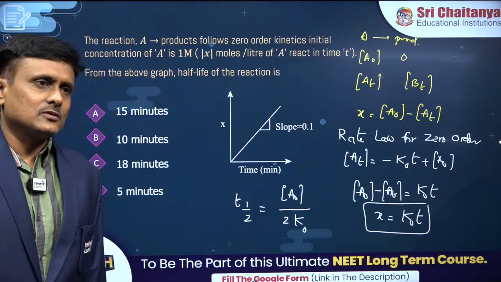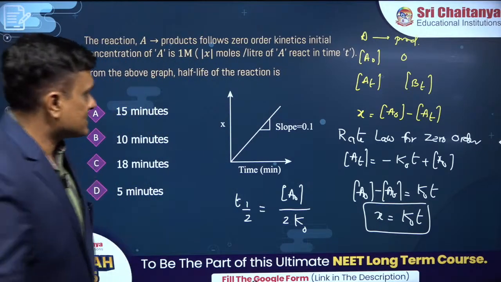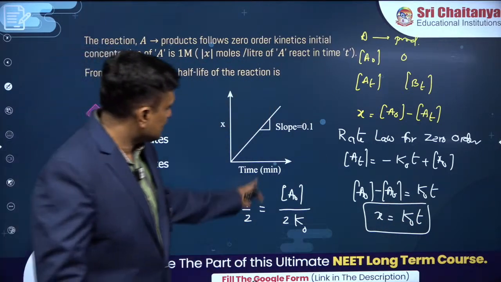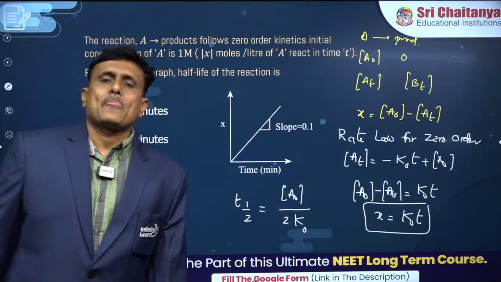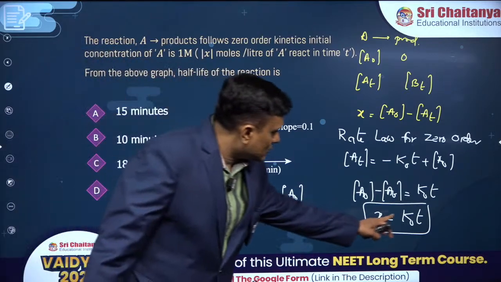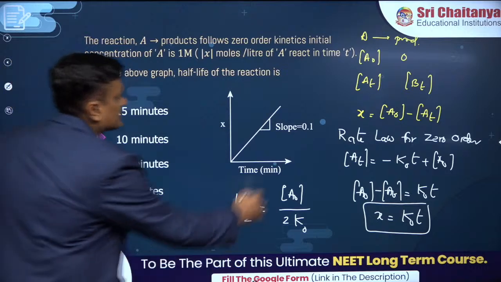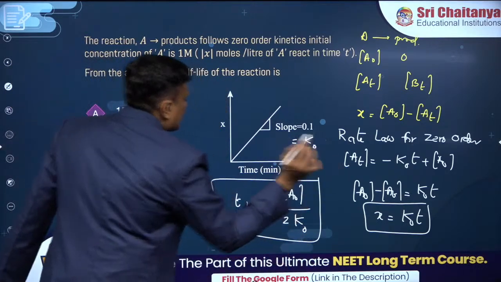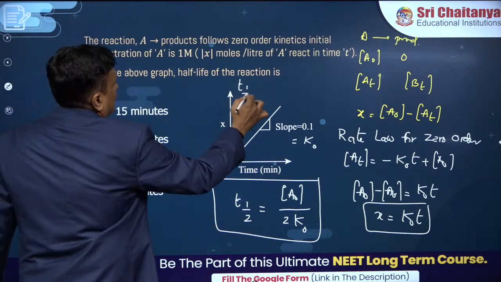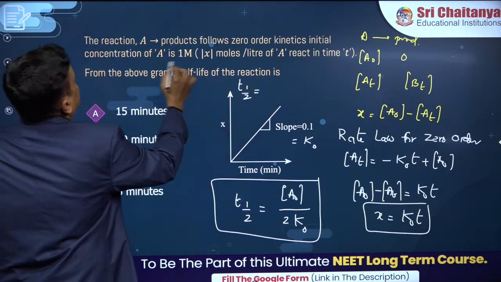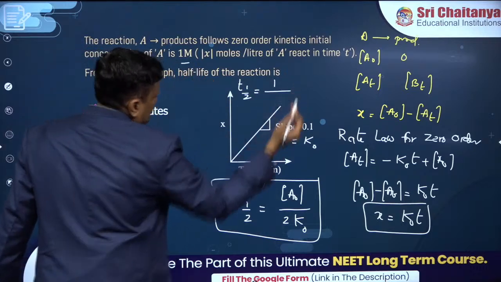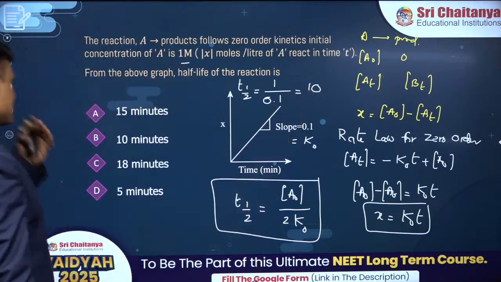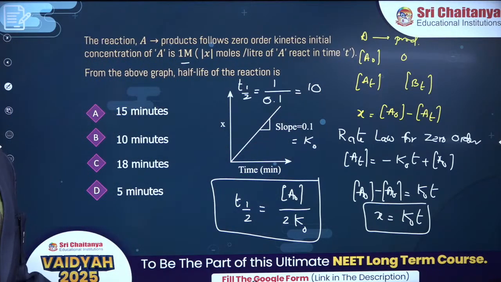This equation is in the form of y equal to m into x. Y coordinate is x and x coordinate is t. So slope is nothing but your k naught, that you need to substitute here. That's all. So T half equal to, initial concentration is given as 1 divided by slope, which is 0.1. So the right answer for this question should be 10 minutes. Brilliant. Rebecca, you got it.